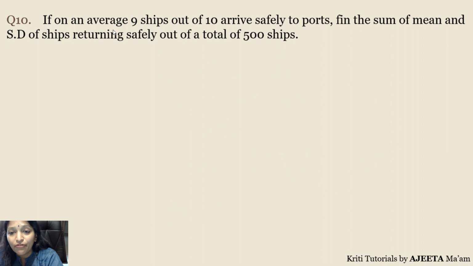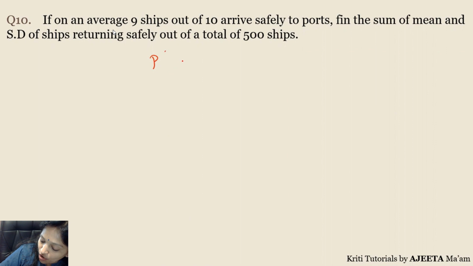Now, if on an average 9 ships out of the 10 arrive safely to ports, find the sum of the mean and standard deviations of the ships returning safely out of 500 ships. Now we have to find the sum of mean and standard deviations. Now, average is given, 9 out of 10 arrive safely.